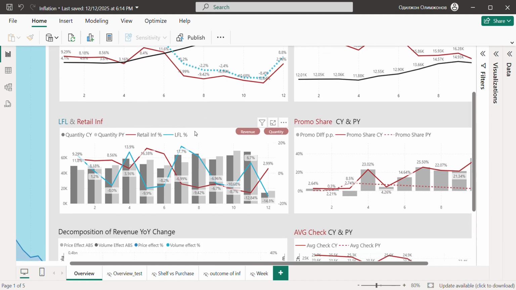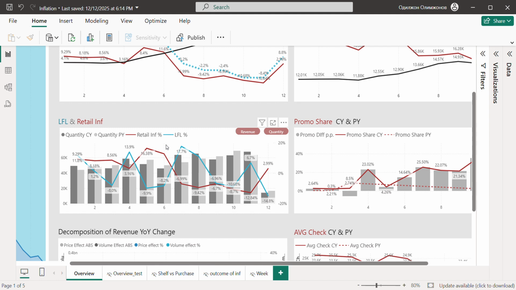So yeah, we can see that when inflation rises, the LFL sales, LFL in here means the comparison of the same number of stores in previous year and in the current year.